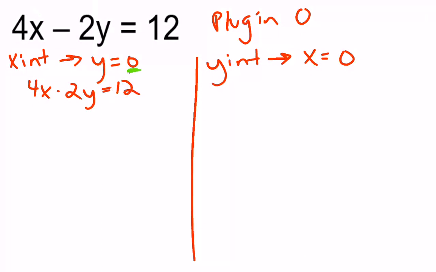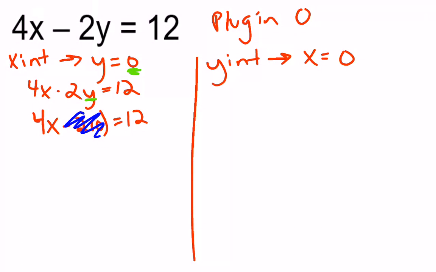And now I take my equation, 4x minus 2y equals 12, and if I'm finding an x-intercept, I substitute in 0 where I see a y. So everything else in the equation stays the same. 4x minus 2 times 0 equals 12. Well, when we're doing 0, 0 is a special number. What happens when I multiply something by 0? Well, that really just goes away, right? Because -2 times 0 is 0.